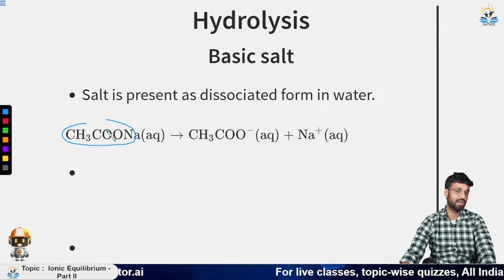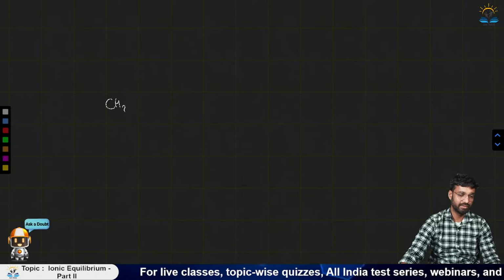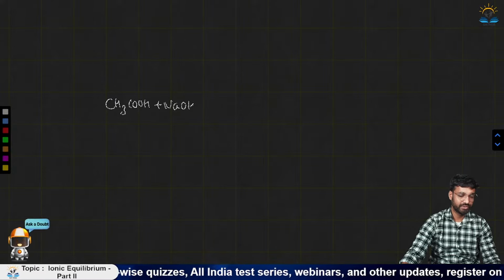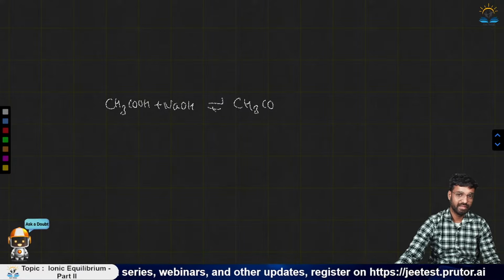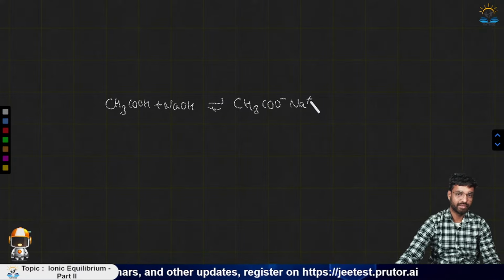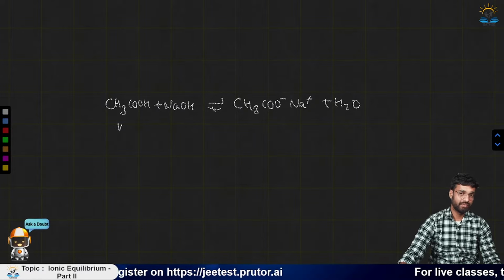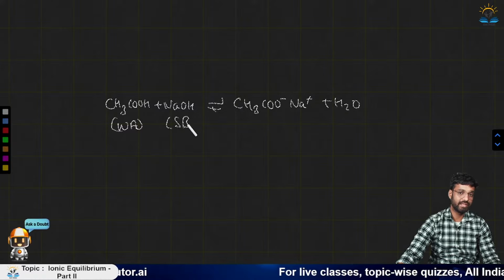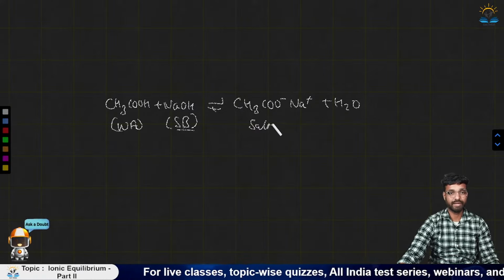The parent acid and base for it are simply CH3COOH plus NaOH, which gives CH3COO- Na+ plus H2O. So this is the weak acid we have here, this is the strong base, and this is the salt we get.